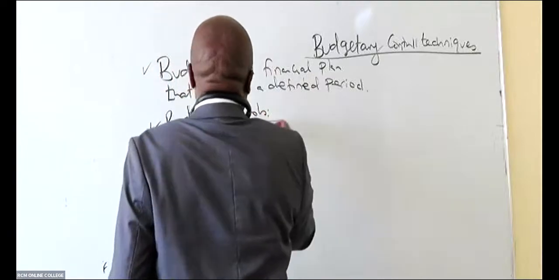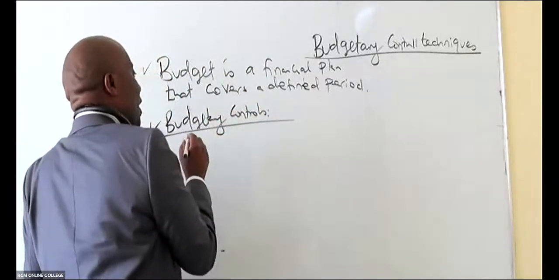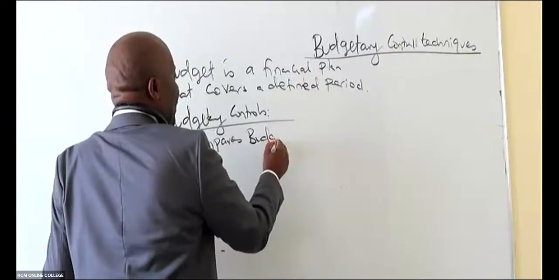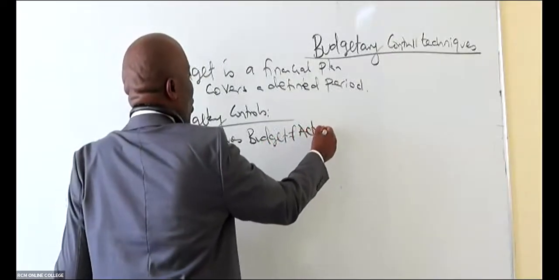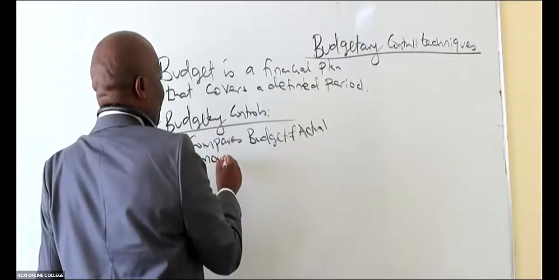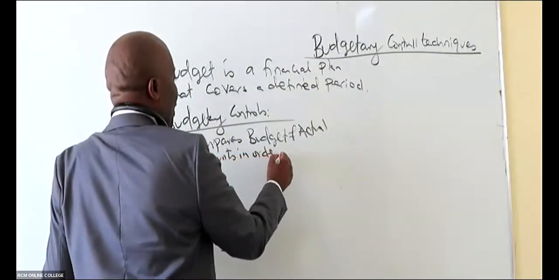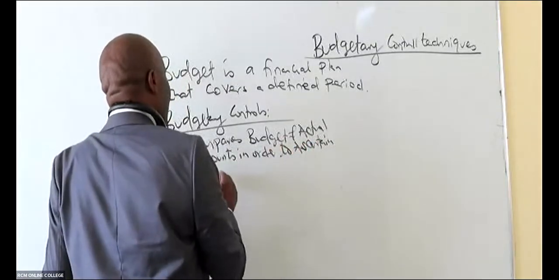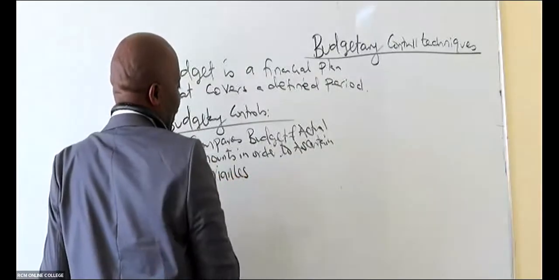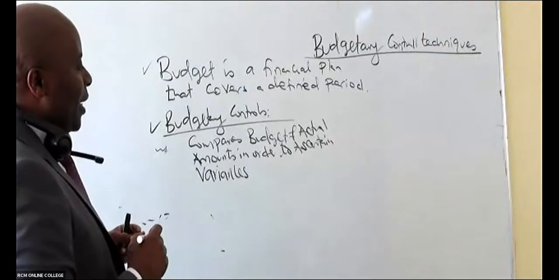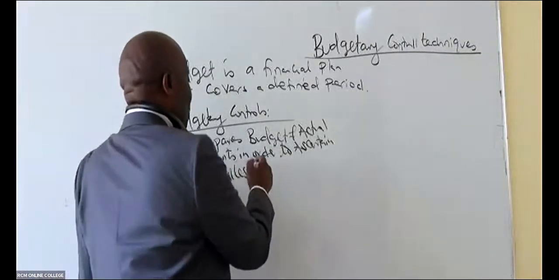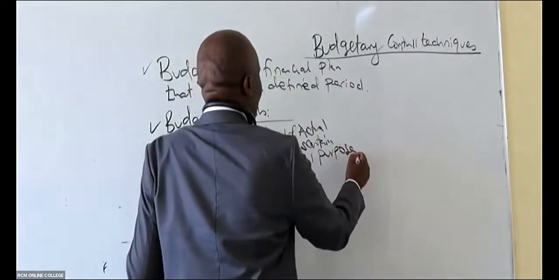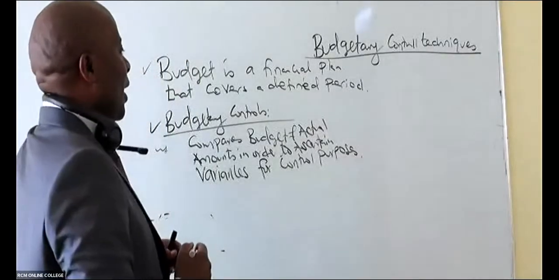So under budgetary controls, what I'm supposed to remember, ladies and gentlemen, is that a budgetary control normally compares budget and actual amounts in order to ascertain variances for control purposes.